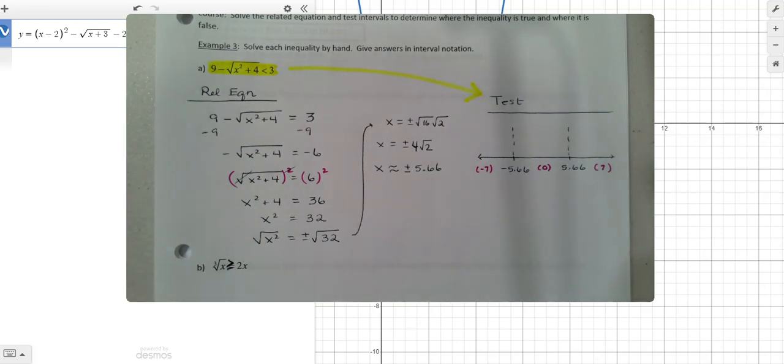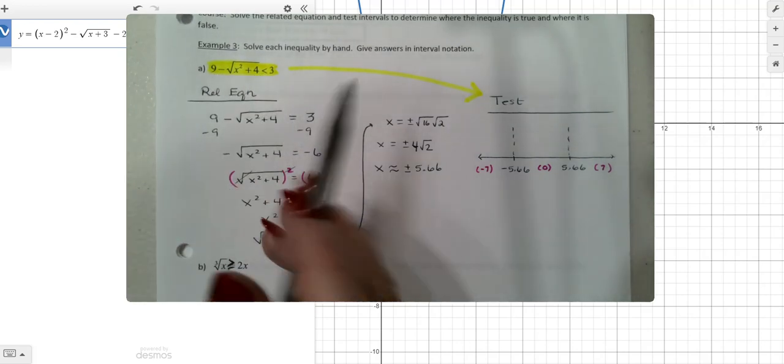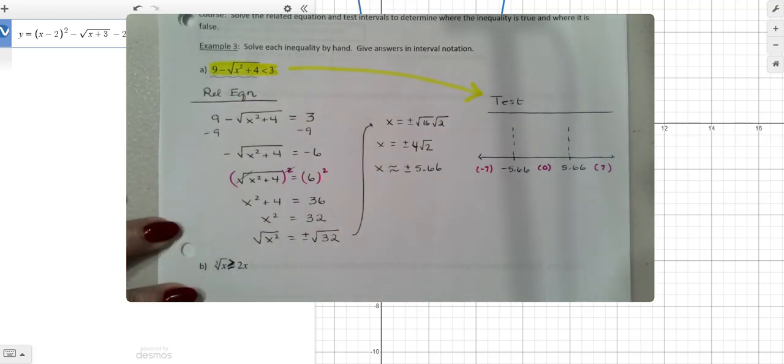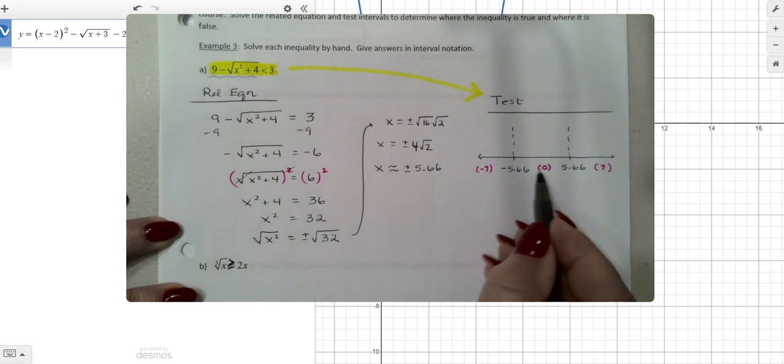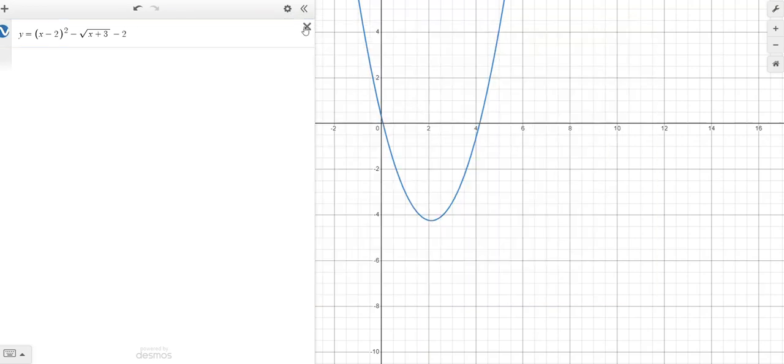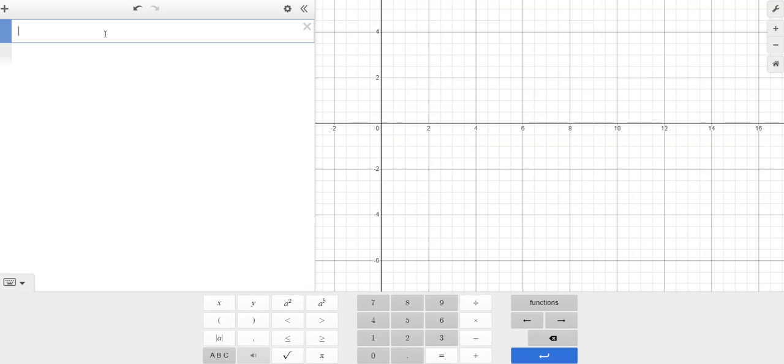So I'm going to go ahead and go over into Desmos. I'm going to put that in as my function, and I'll plug each of my test values in and see if they're really less than 3. All right, so for my f of x, I'm going to go with 9 minus the square root of x squared plus 4.